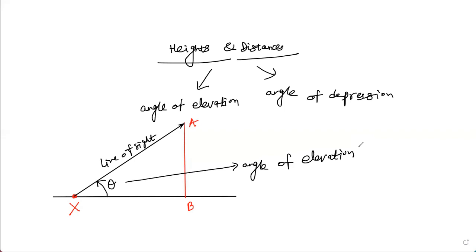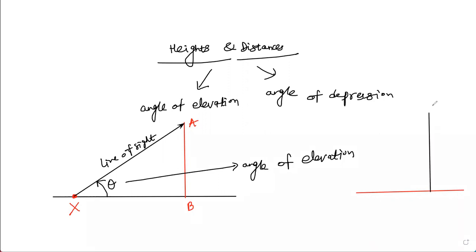In the same way, we have another scenario where the situation is something like this. For example, say this is my ground level, and suppose this is a building or tower, anything.